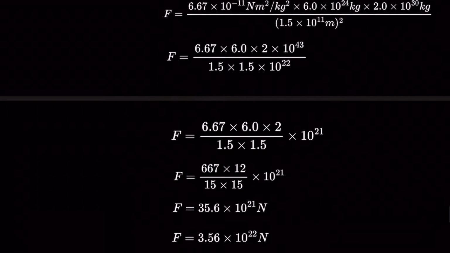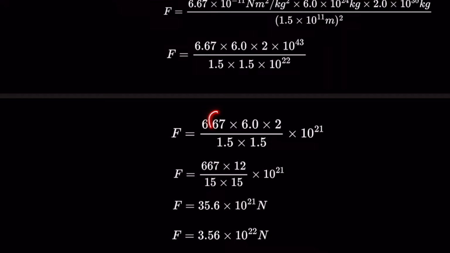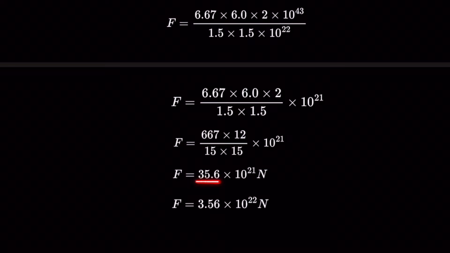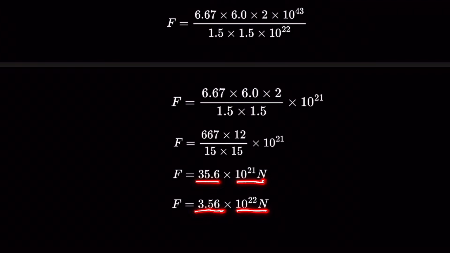Further, I can remove the decimal from this side and this side. So it is 667 into 12, 6 2 is 12, divided by 15 into 15. Further solving we will get 35.6 into 10 to the power 21. It can also be written as 3.56 into 10 to the power 22 Newton. So this is the answer for this question.